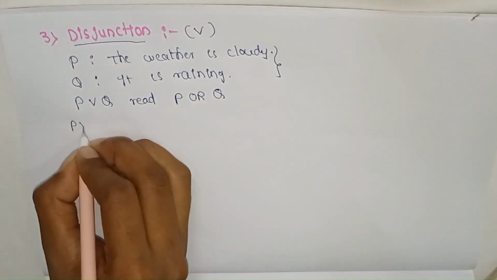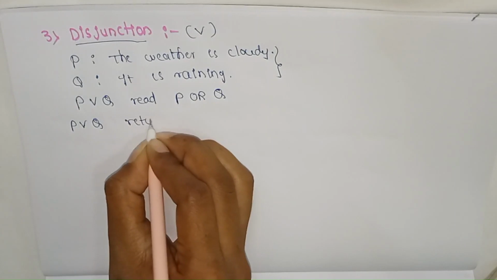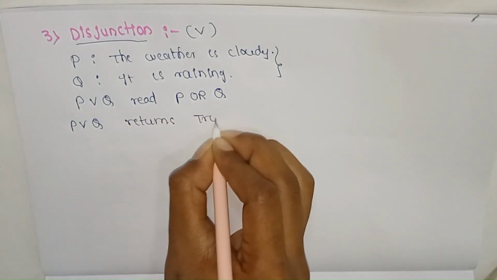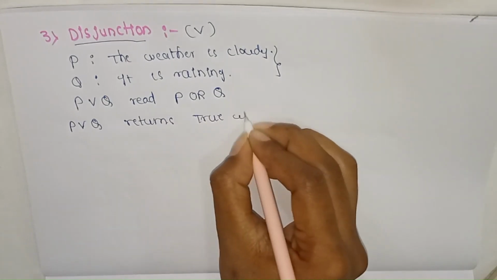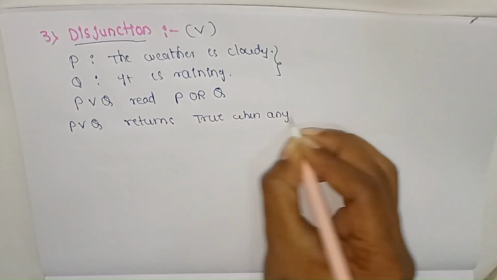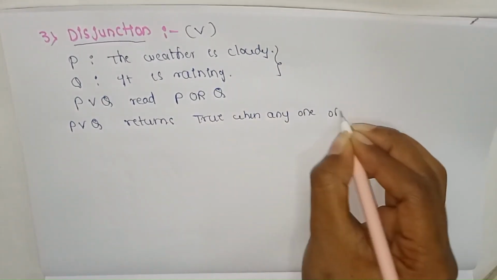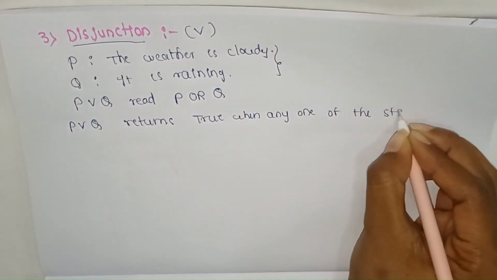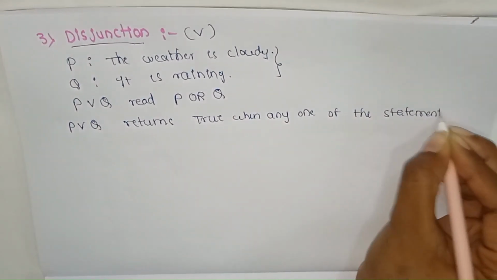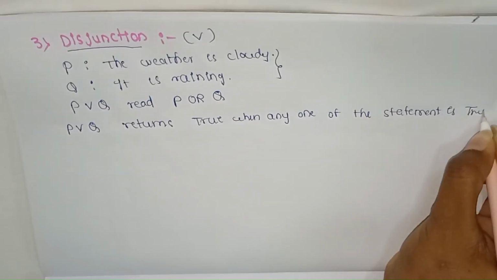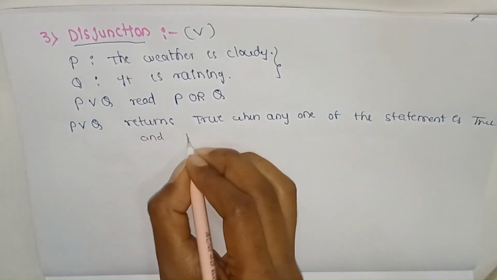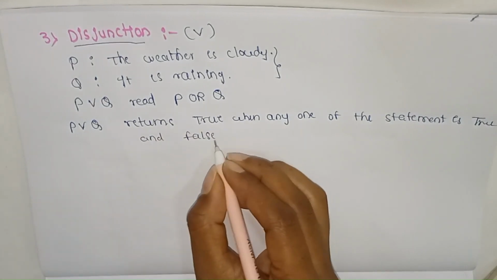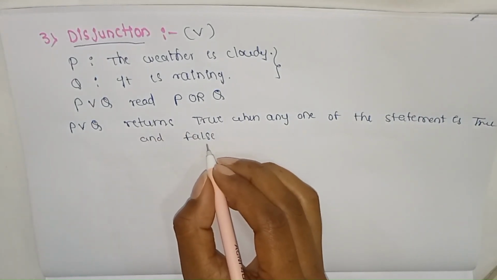Here, P or Q returns true when any one of the statements is true, and it returns false otherwise.